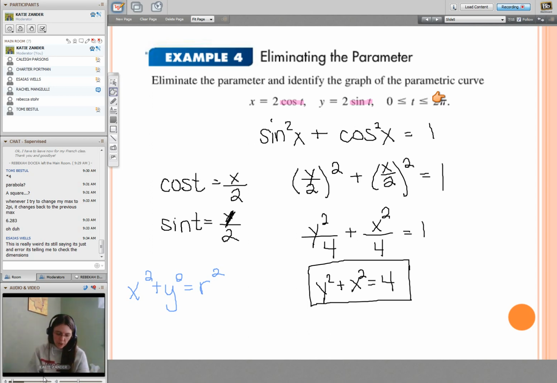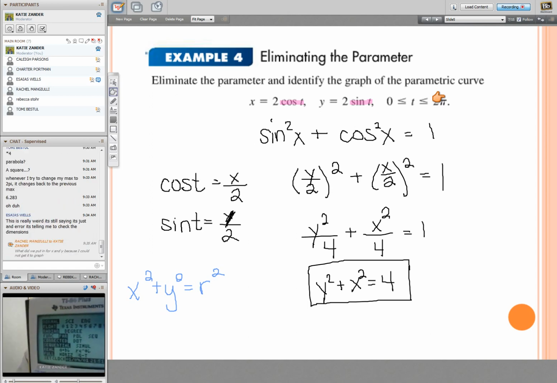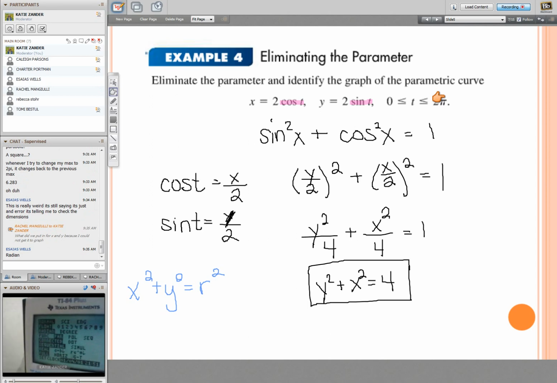When you go into your window, do you see stuff like this? The other thing that you might want to check, and I don't know if it's going to make a difference or not, is are you in radian or degree mode? You are in radians. Darn. Okay.